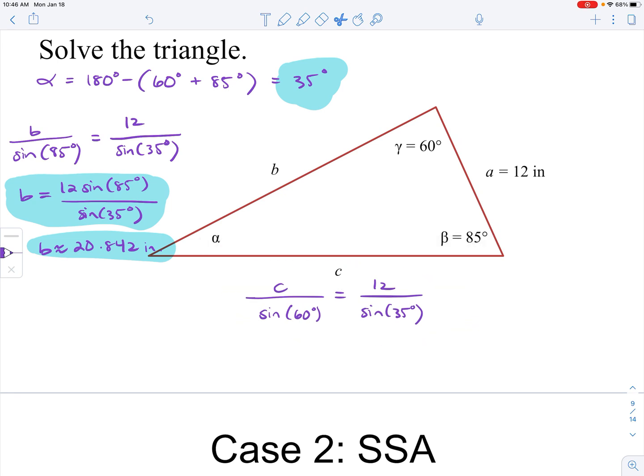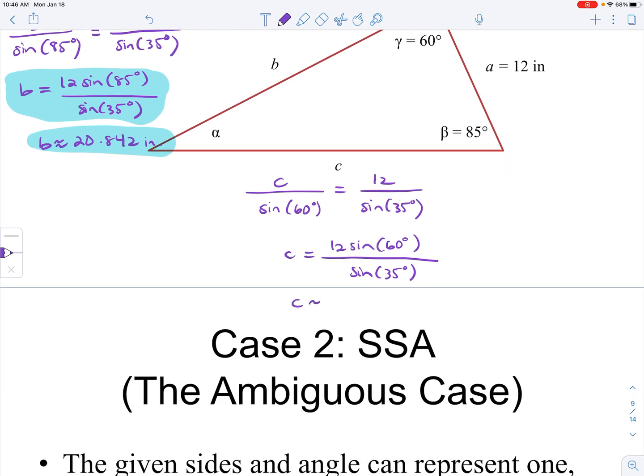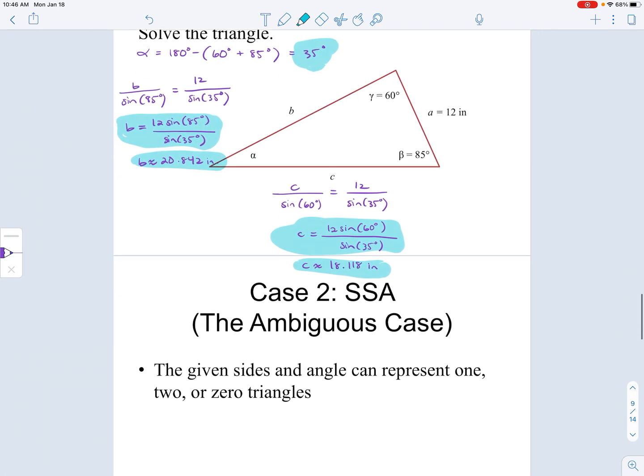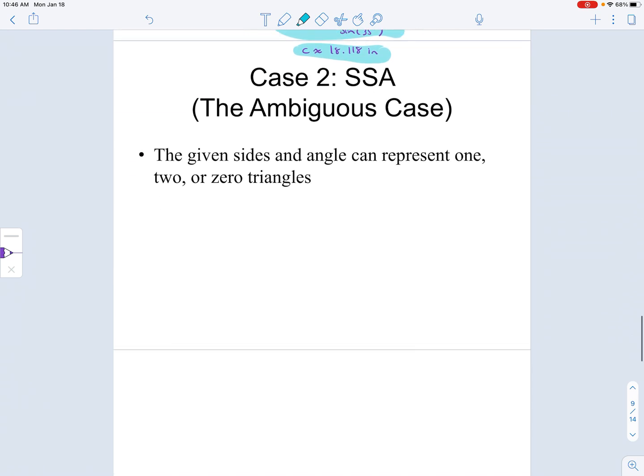So C equals 12 times sine of 60 degrees over sine of 35 degrees. That's the exact value. And then typing that into your calculator, the approximation is 18.118 inches. So the approximation and the exact value.